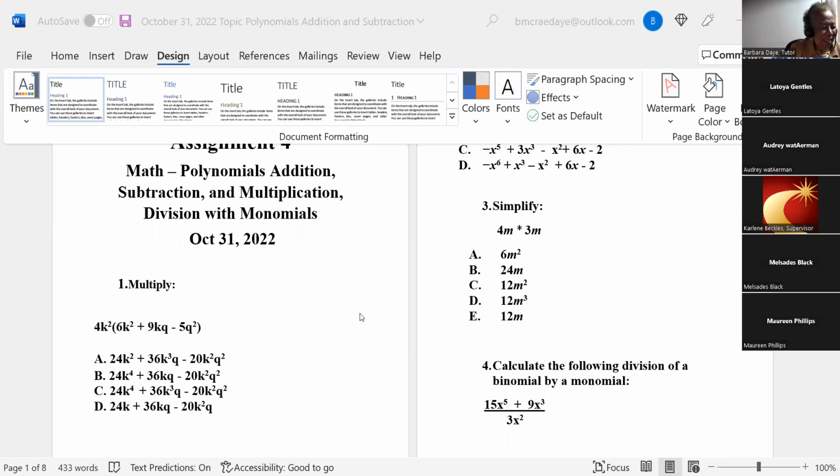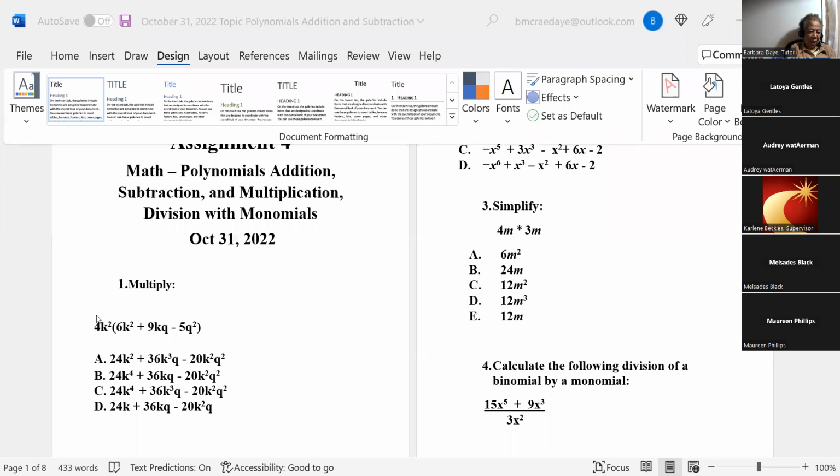Okay, let's do the first one, multiplication of polynomials. And what did I say about when you're multiplying polynomials? Does anybody remember? When you're multiplying a monomial by a polynomial, you multiply the monomial by every term in the polynomial.